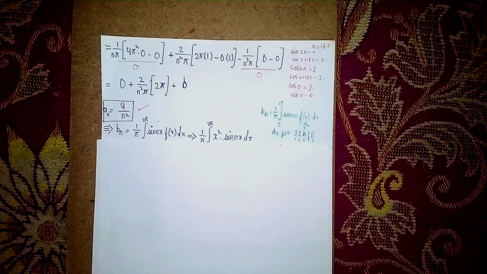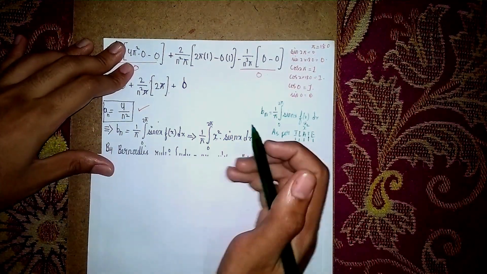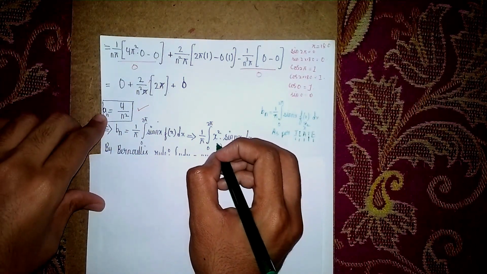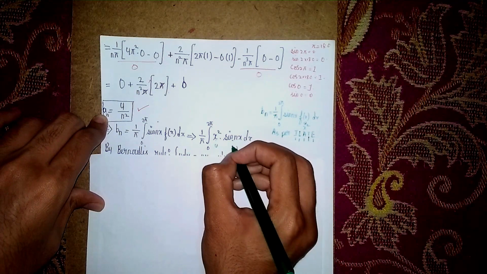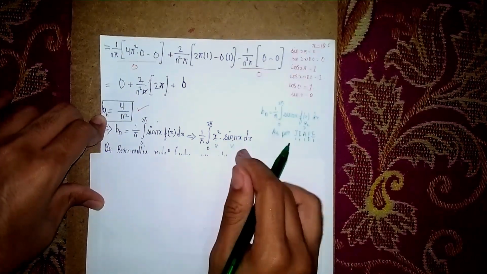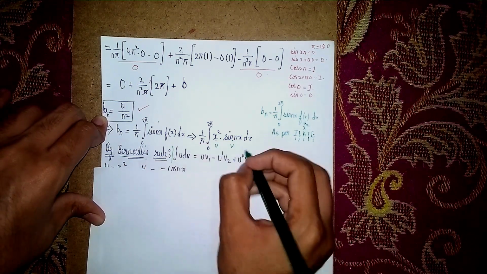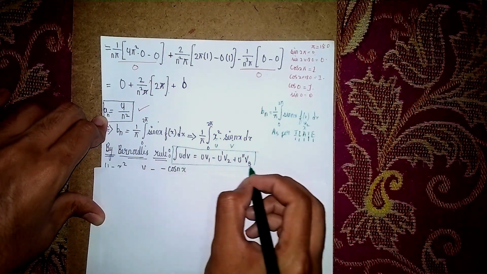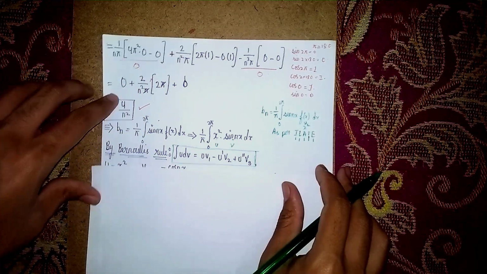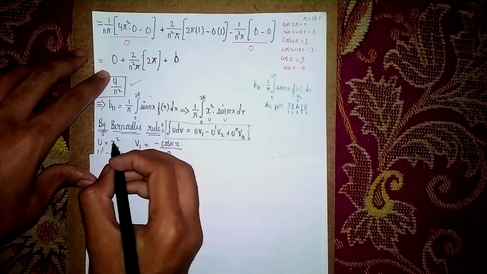Sin is trigonometric. Whatever we do now, it is in the form of uv. Same as in a n, we do the Bernoulli rule. Here also we do the Bernoulli rule. U and v. By Bernoulli's rule, we use this formula. It's better to understand it this way. So u is first, u means x square.